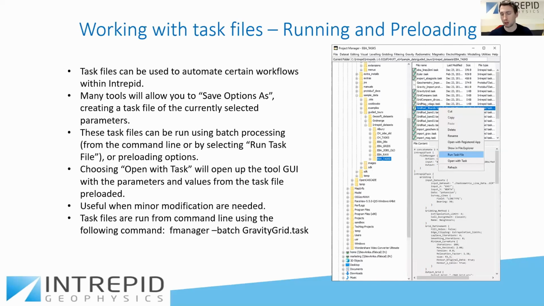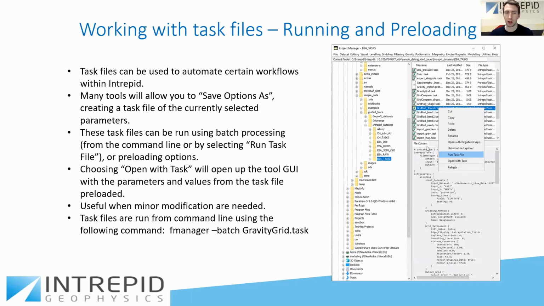So you load a data set, you set the parameters to what you'd like. Before running it, or even after running the tool, if you go to File within that tool and then Save Options As, it will output a task file with all the parameters set up as you've selected.